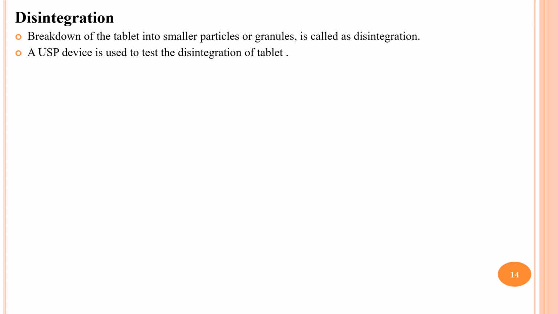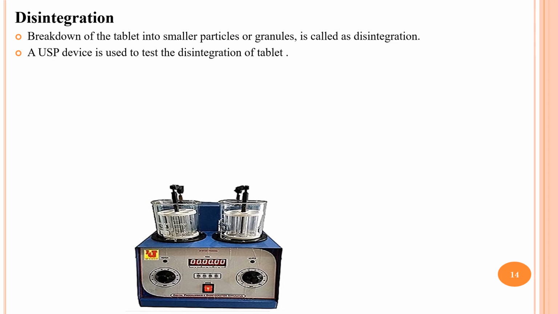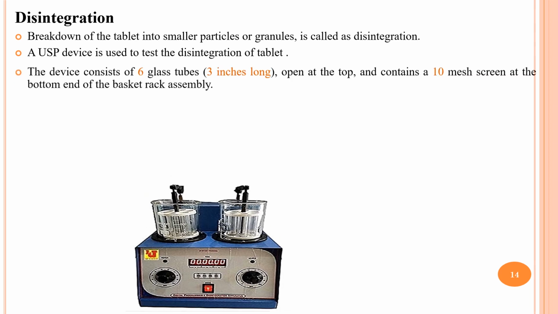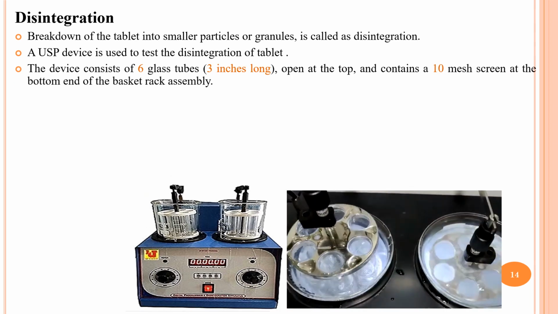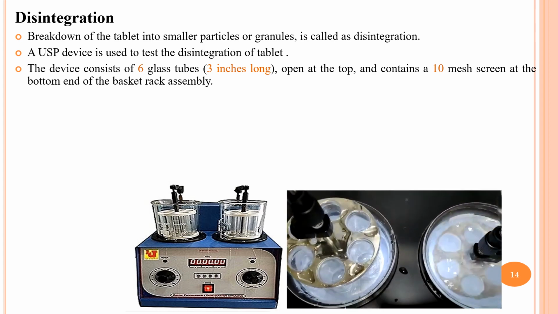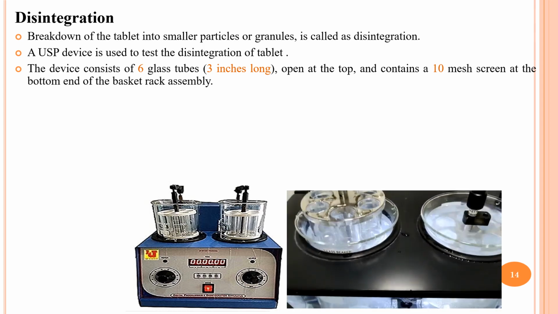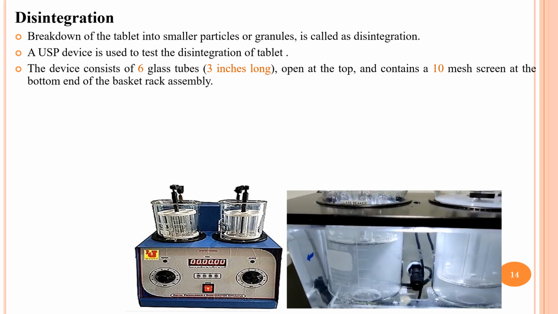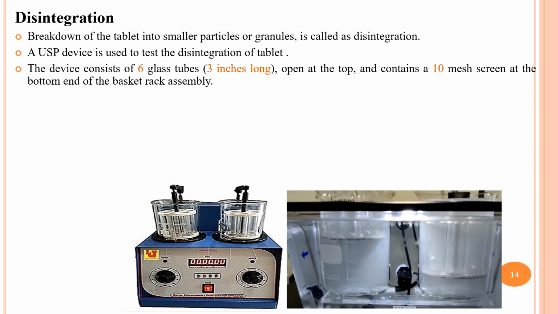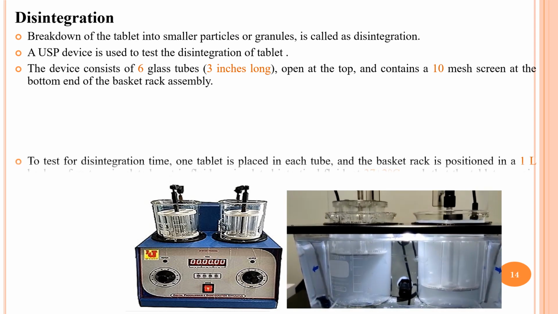A USP device is used to test the disintegration of the tablets. The device consists of 6 glass tubes 3 inches long, open at the top and contains a 10 mesh screen at the bottom end of the basket rack assembly.